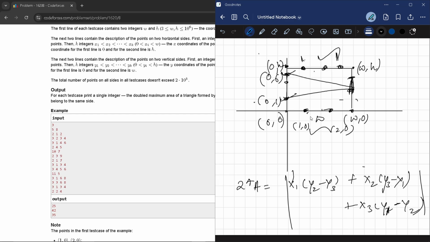My height is nothing but W. That is the thing. Okay, okay, fine. I got it. Then I have to maximize the value of areas.